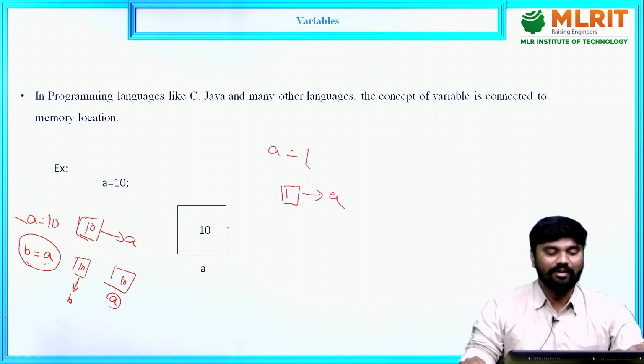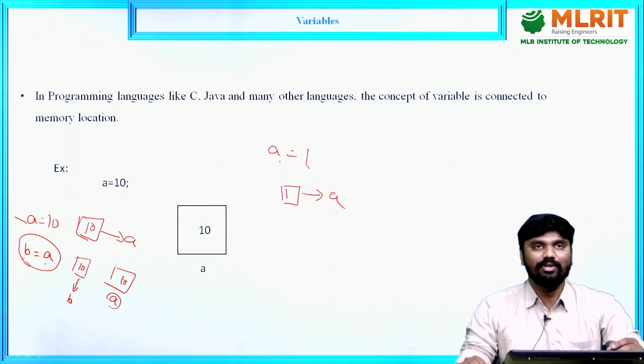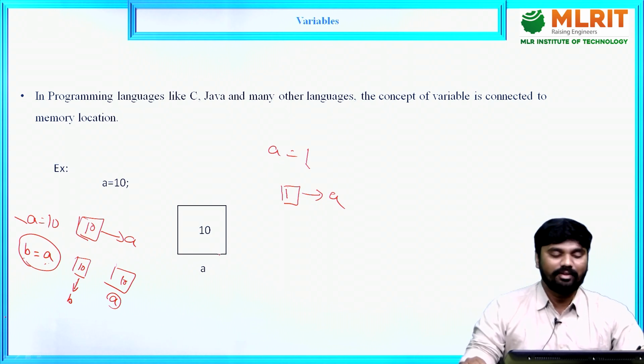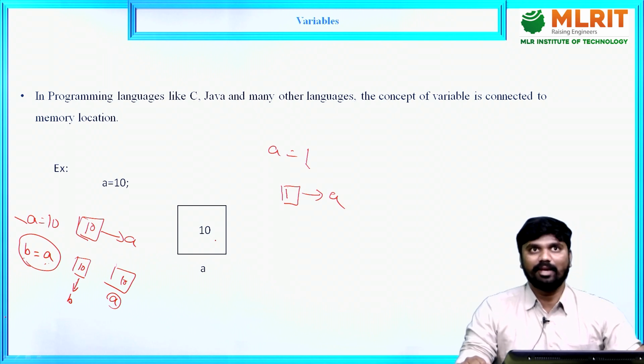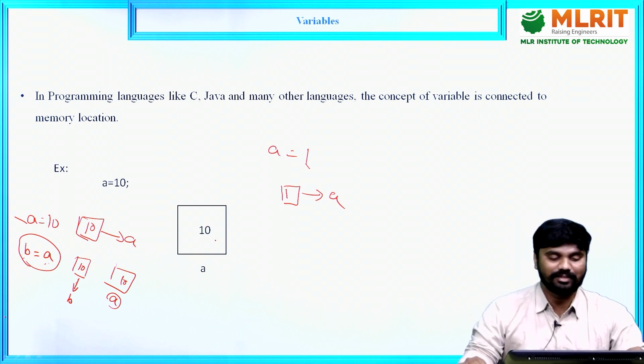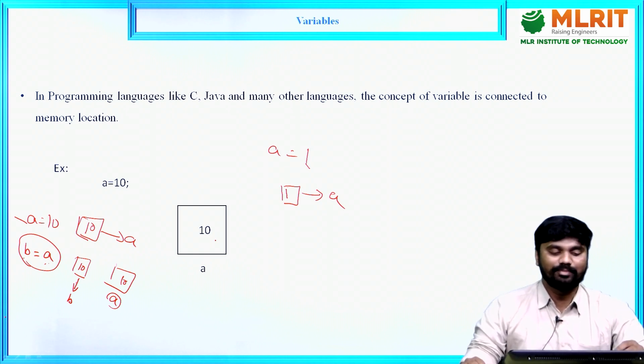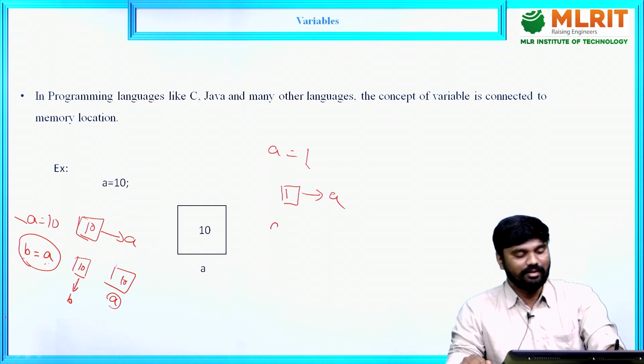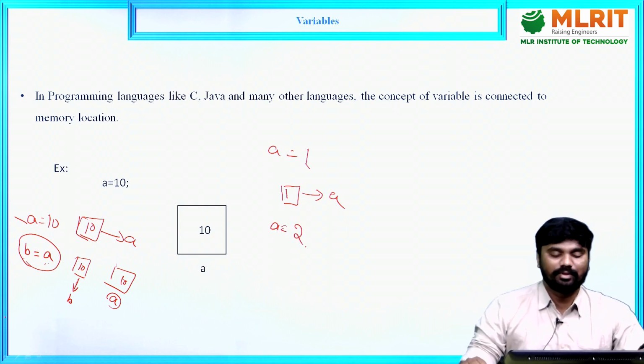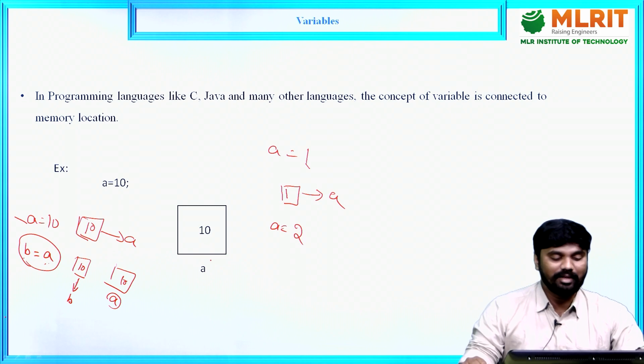Now, whenever you change the value of the object, take this example. I am going to change the value from 1 to 2. What will happen immediately?